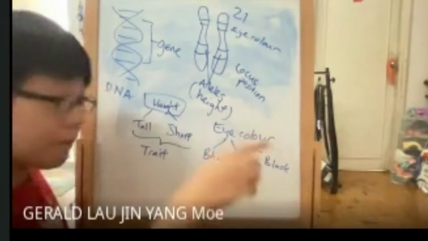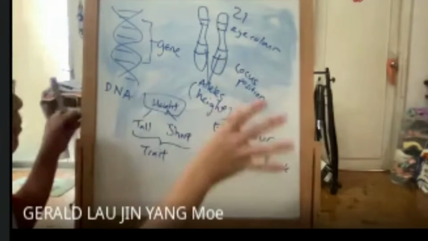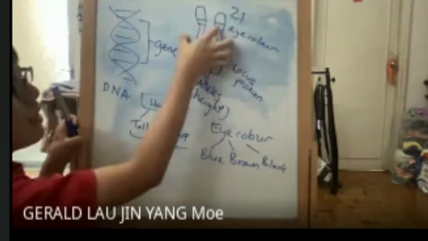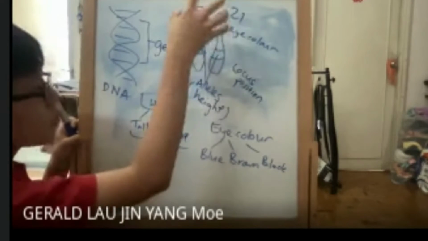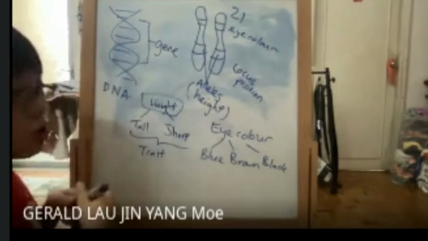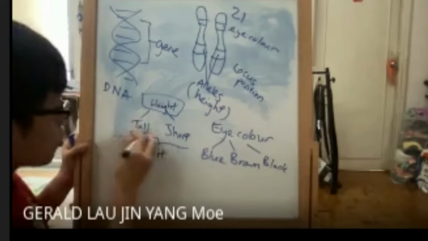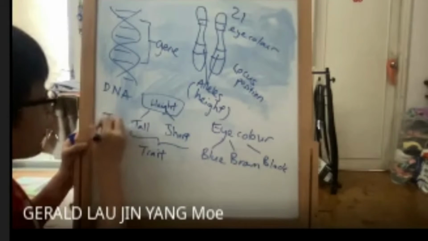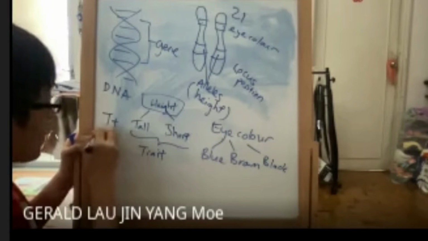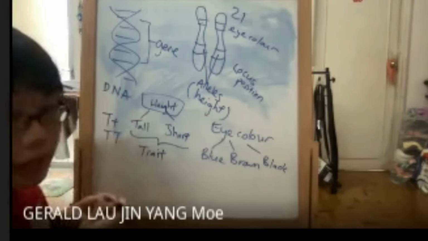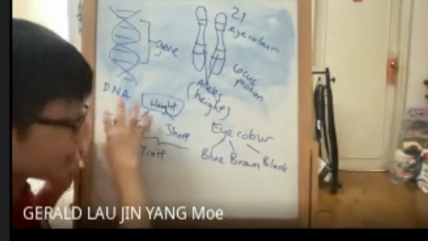Understand? But genotype means you have to relate to the gene already. For genotype you have to look at the allele. For example, tall. Phenotype is tall, genotype maybe capital T, small t, and capital T, capital T. Understand? Later we'll go into detail for this.